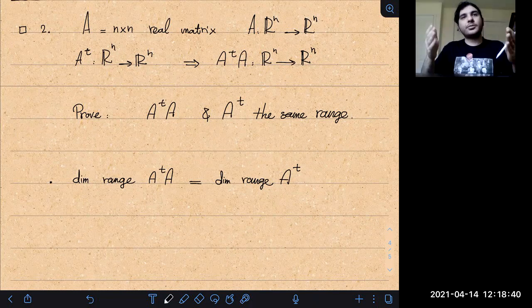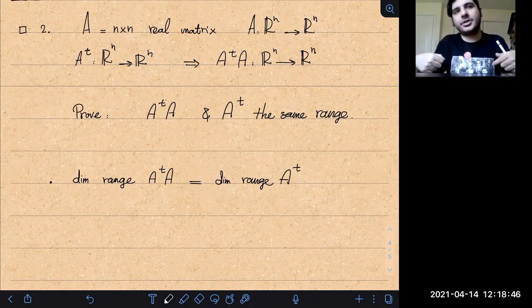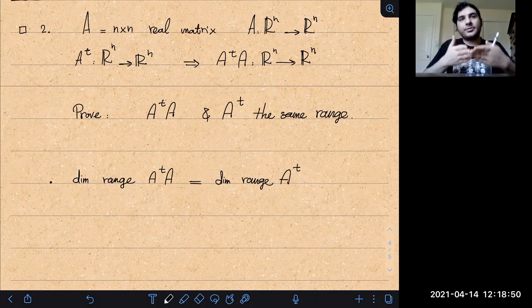And later you would prove the dimension of the range of both of them are equal, or the dimension of the kernel of both of them are equal. And we know when we have two subsets, one a subset of the other, and they have the same dimension, they have to be equal, okay?